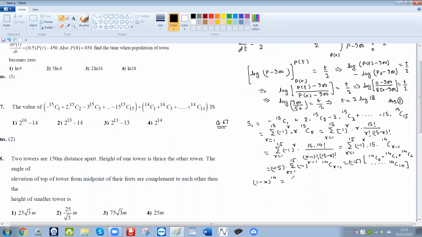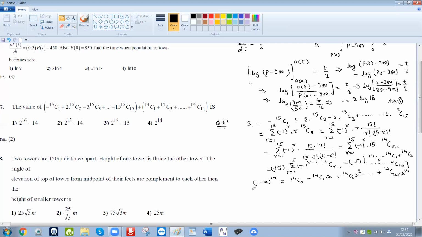This one is 14C0 minus 14C1 into x plus 14C2 x square going up to 14C14 x raised to the power 14.